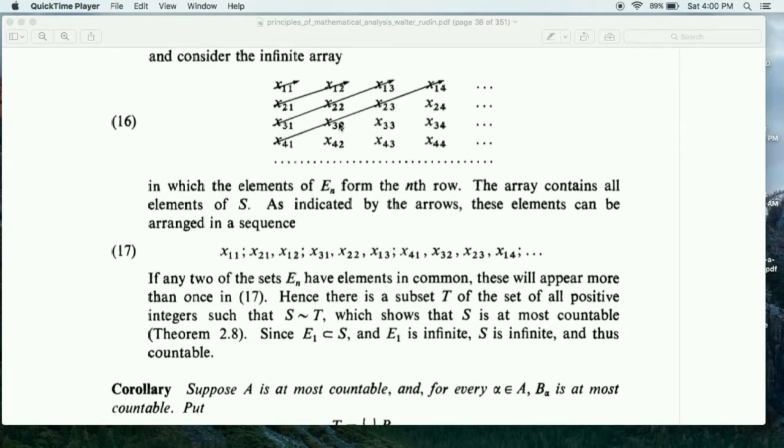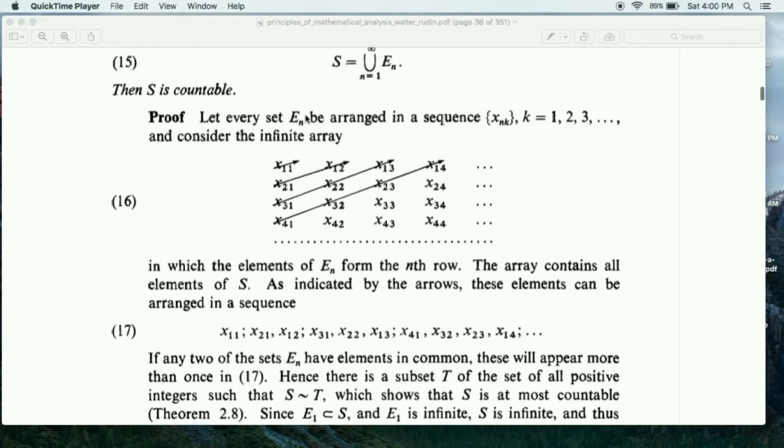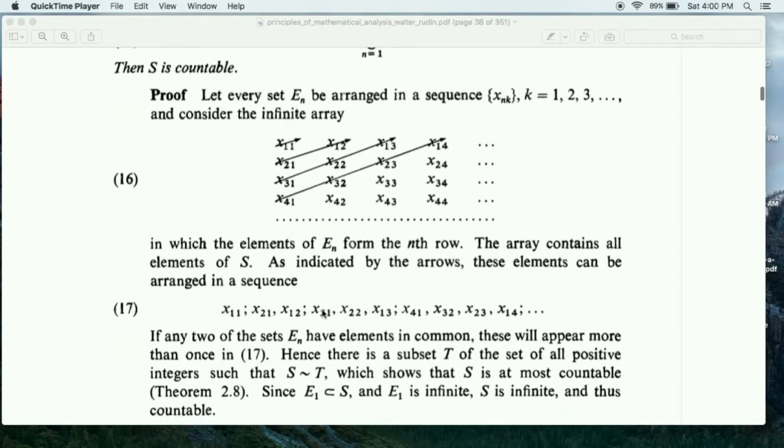So elements of different En's can be equal for different n's. So we take a subset of J to have a one-to-one correspondence. So we know that if some set has a one-to-one correspondence with a subset of J, then that set is at most countable, maybe finite or maybe infinite, but at most countable.